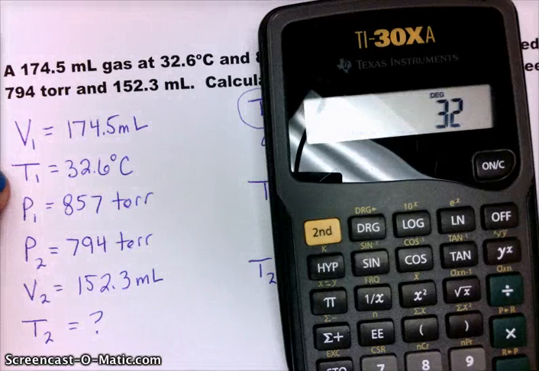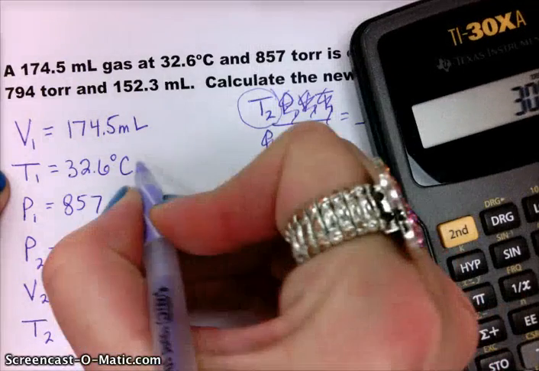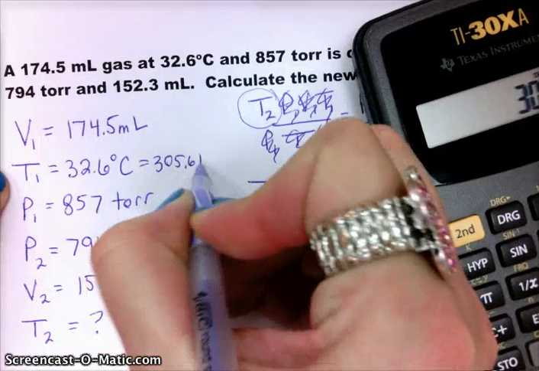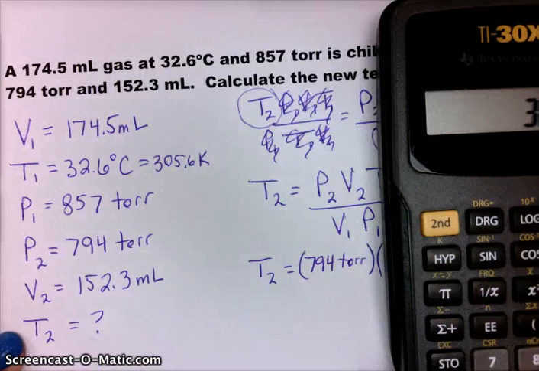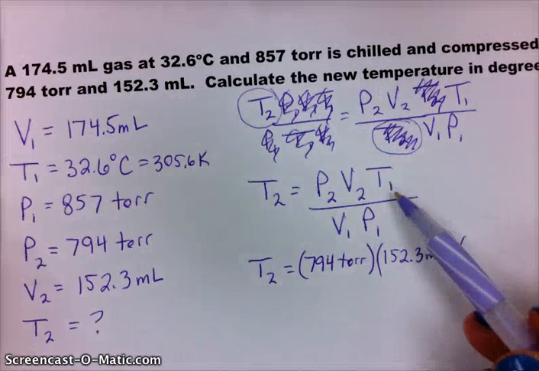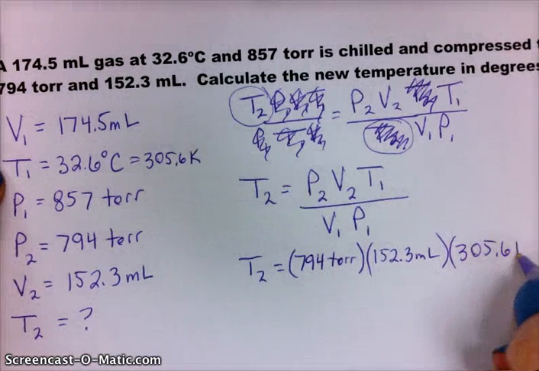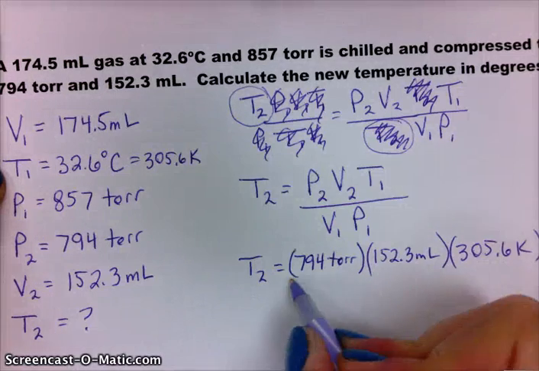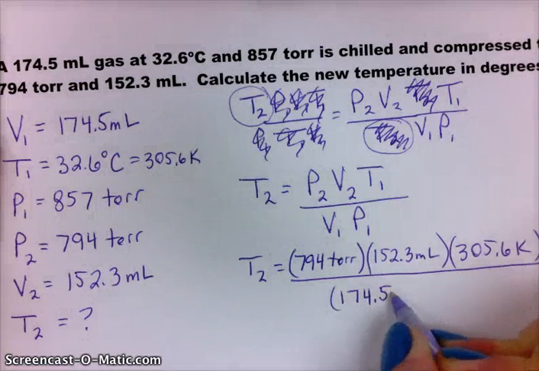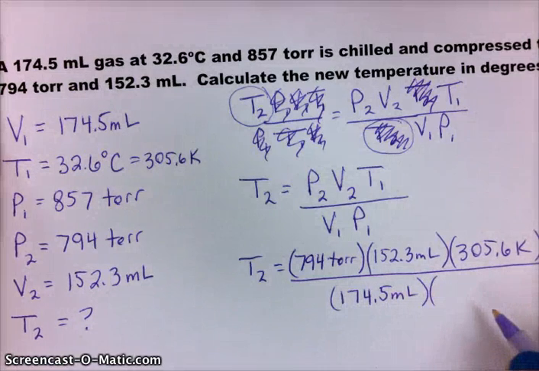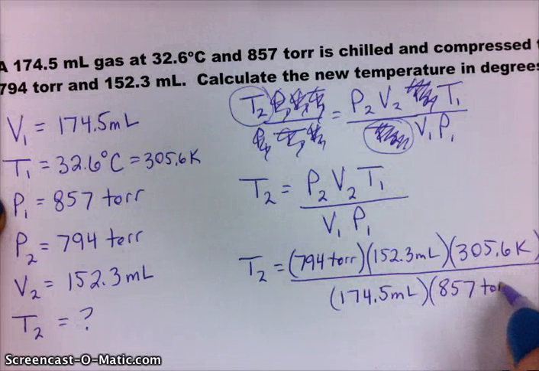So 32.6 plus 273 is 305.6 Kelvin. And then temperature 2 is what I'm going to find. So temperature 1 in Kelvin is 305.6 Kelvin. And now this is all divided by V1, which is 174.5 milliliters, and P1, which is 857 torr.